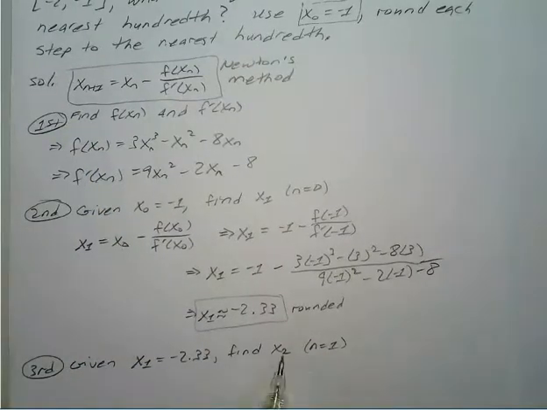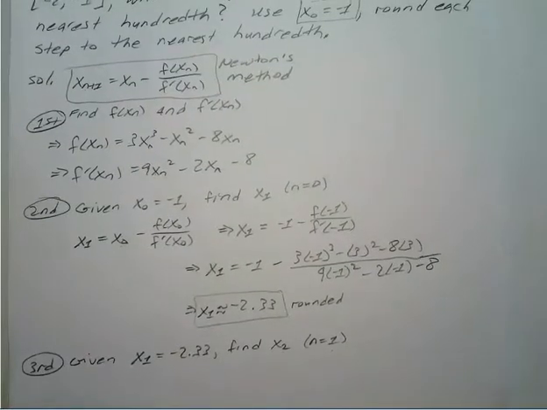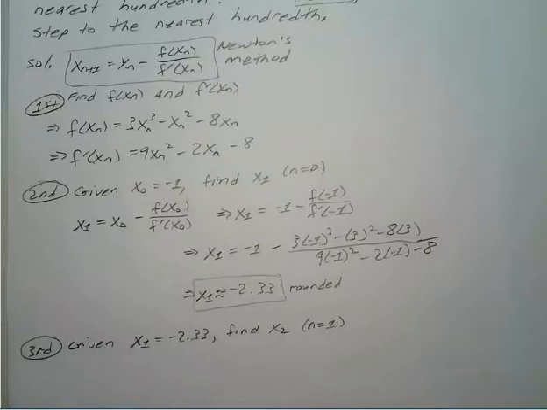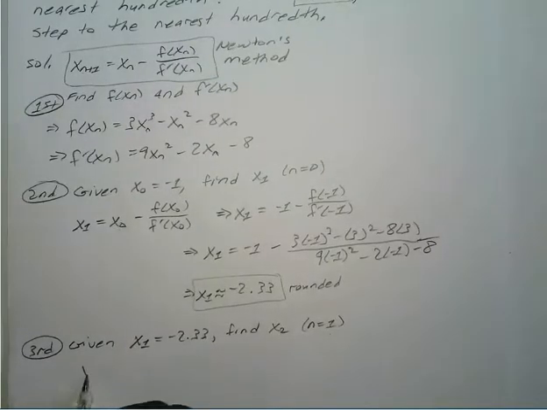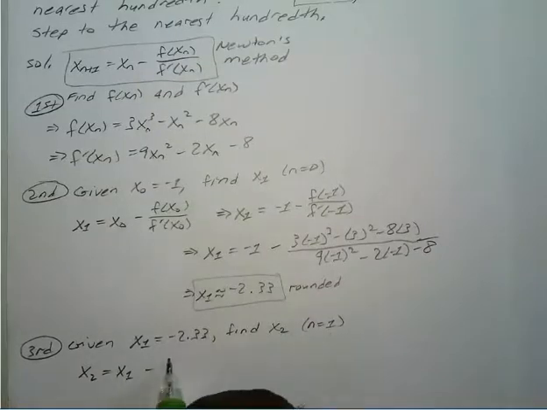If we want to find x3, we make n equal 2. If we want to find x4, we make n equal 3. So you can see how it's kind of going that way. Using the exact same formula, you have x sub 2 equals x sub 1 minus f of x sub 1 over f prime of x sub 1.